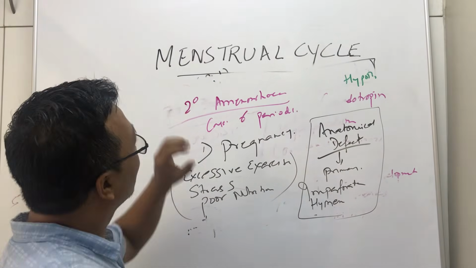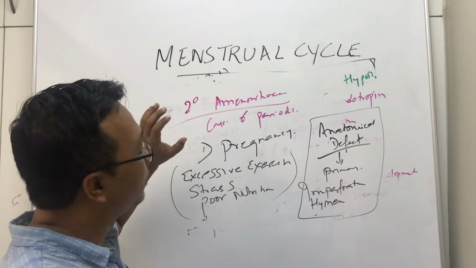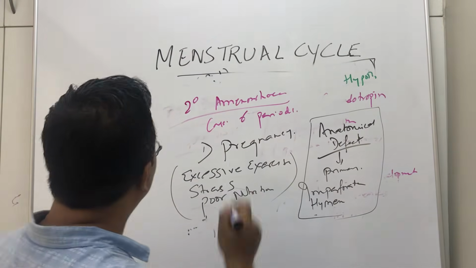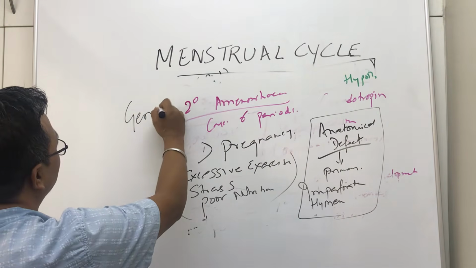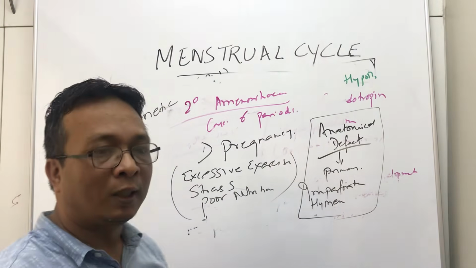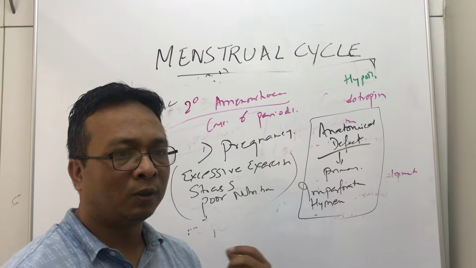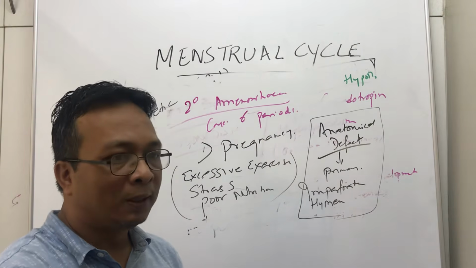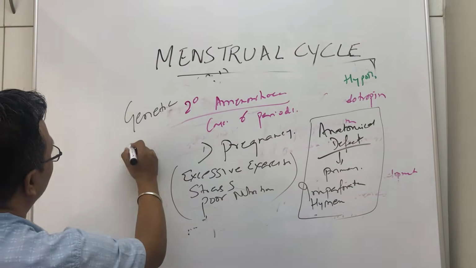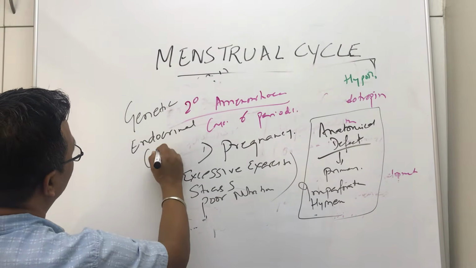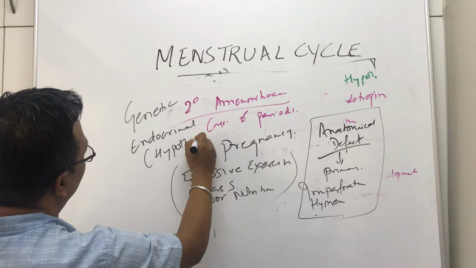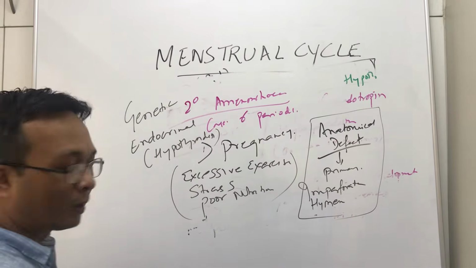So overall, the causes of primary and secondary amenorrhea, apart from pregnancy, may be because of some genetic defect, like Kallman syndrome, Turner syndrome, when there are chromosomal disorders. Then endocrinal disorders, especially hypothyroidism.